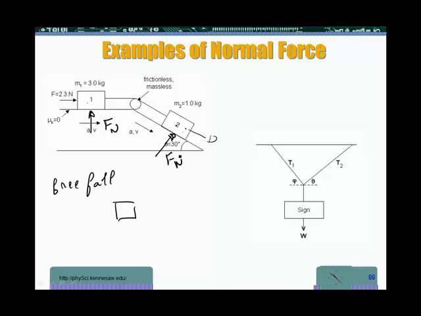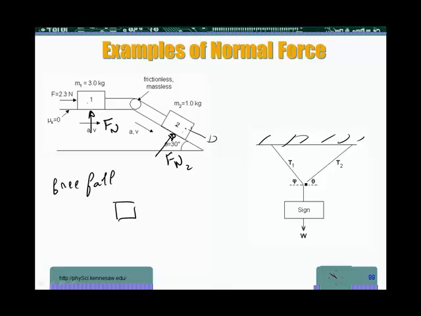So it's going to look like that. Perpendicular to the surface. So we have two different normal forces. In each case, the normal force is perpendicular to the surface, to the contact surface. That's what's important.